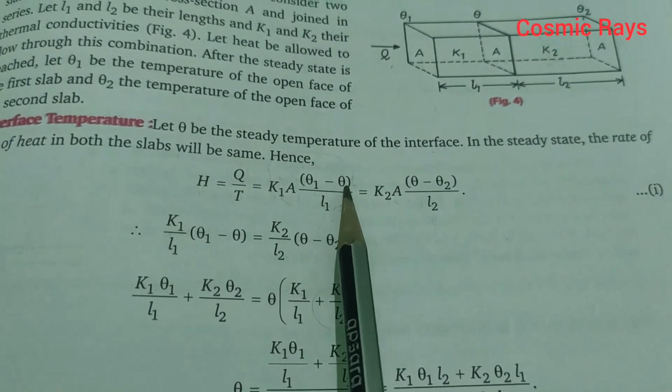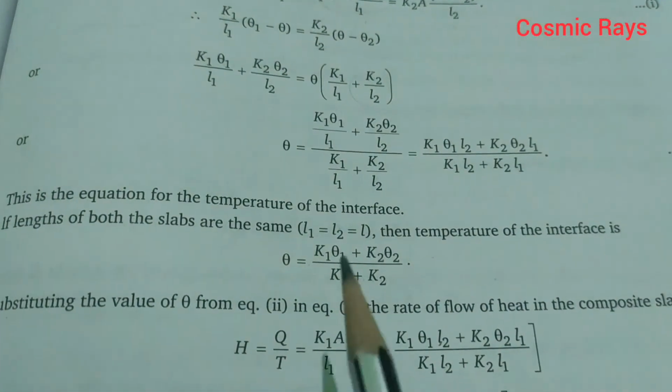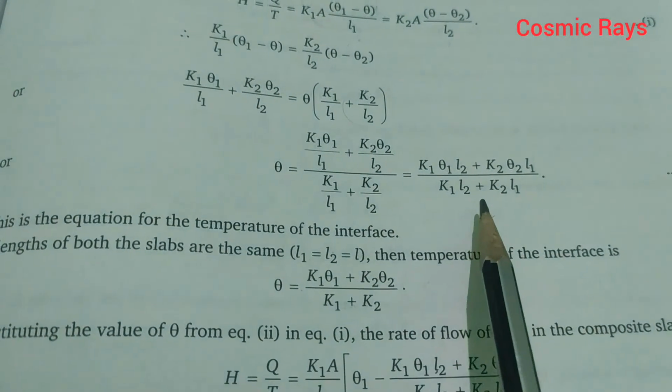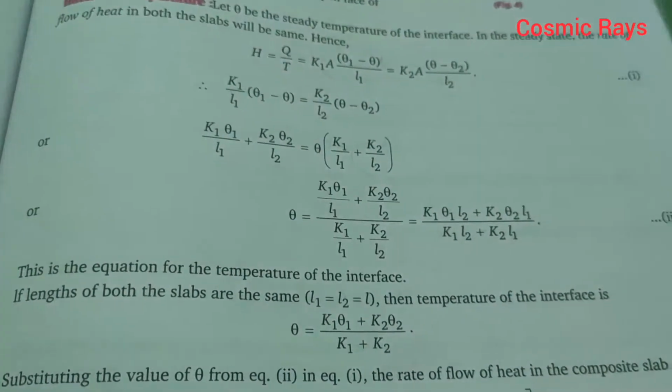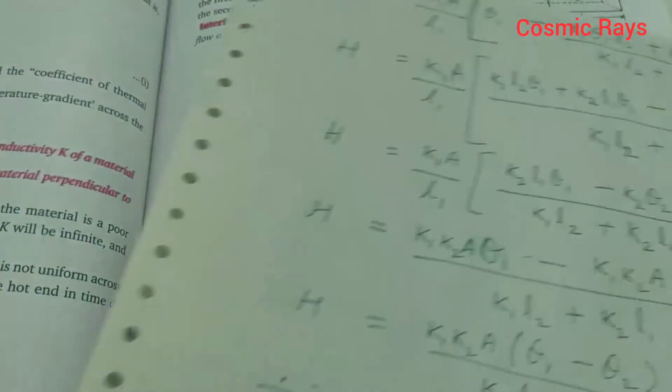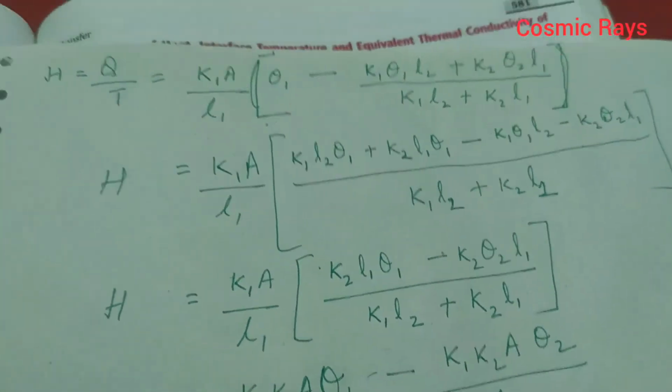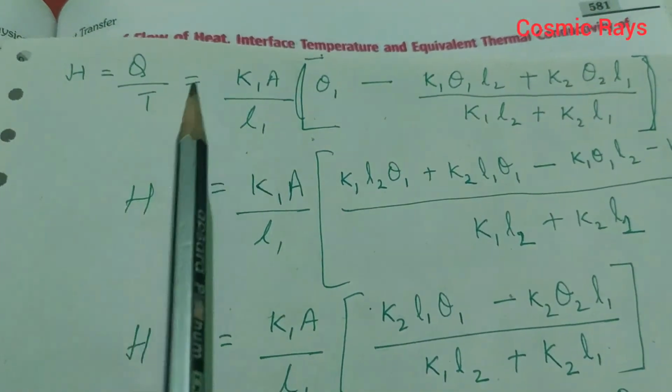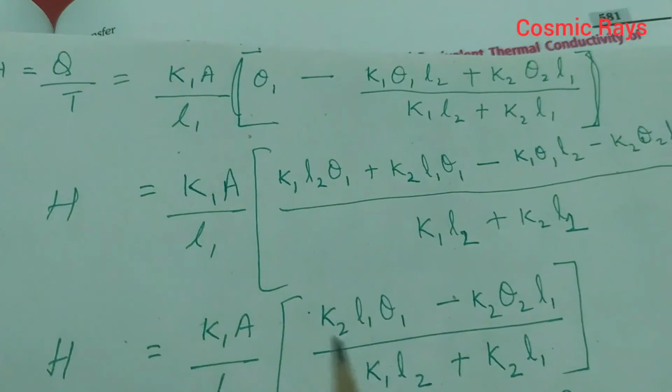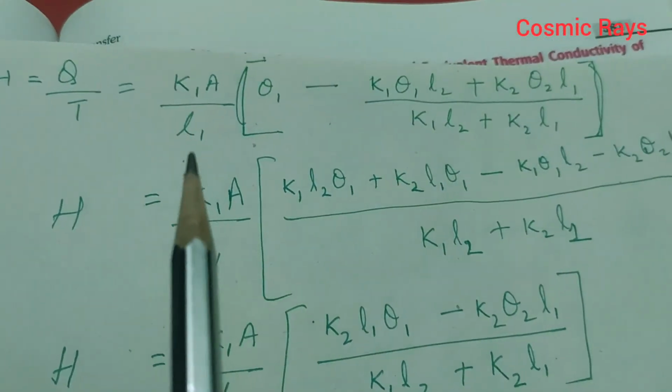So in place of theta we will be substituting the value of theta from this equation, and our equation will look something like this. H is equal to Q upon T equal to K1A upon L1 times (theta 1 minus theta).